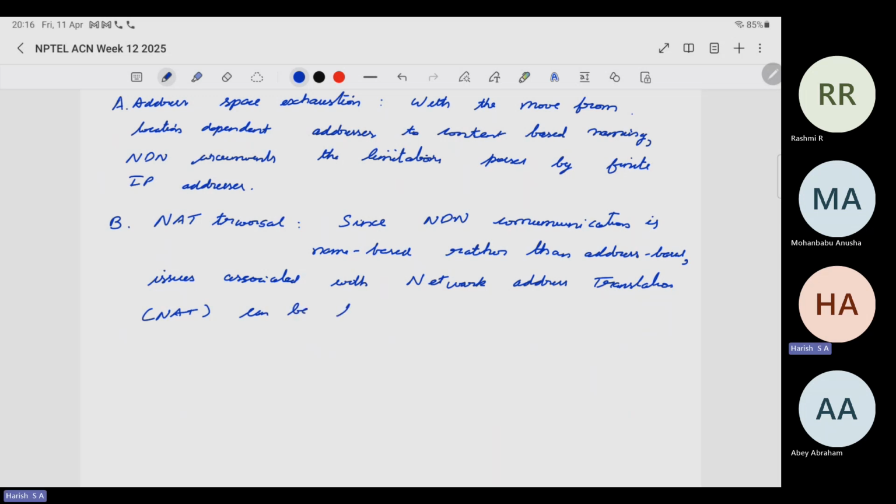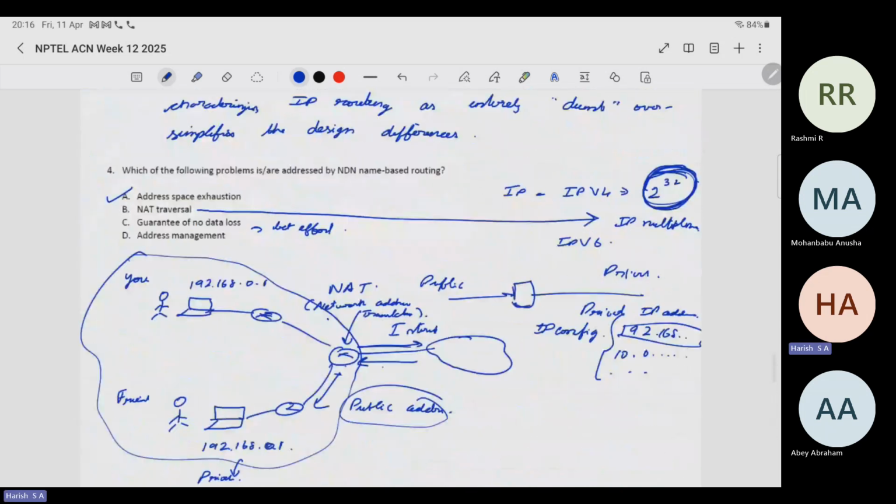Can be mitigated. So B is also an answer.